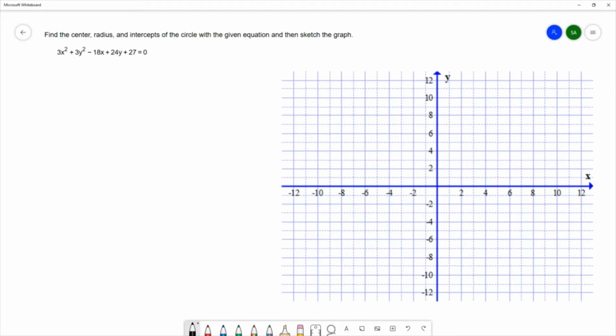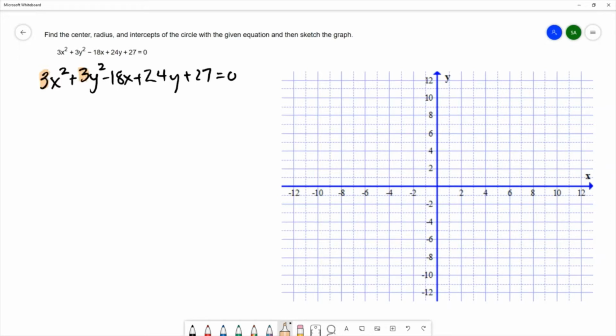We have 3x squared plus 3y squared minus 18x plus 24y plus 27 equals 0. And the first thing I notice about this is having a coefficient of 3 on our x squared and our y squared.